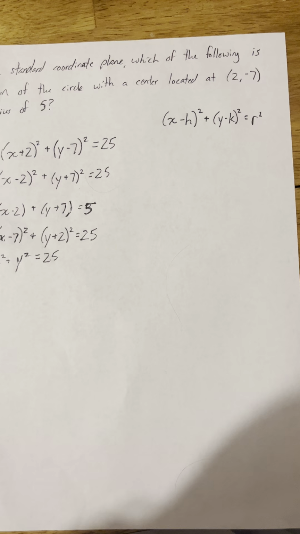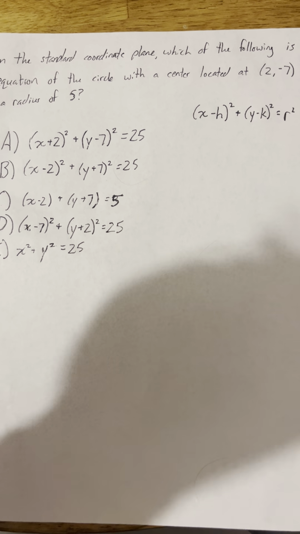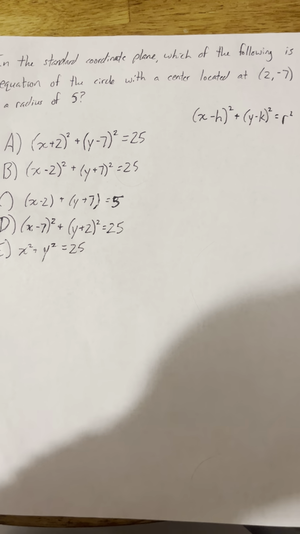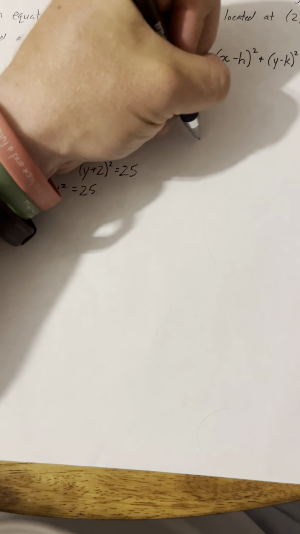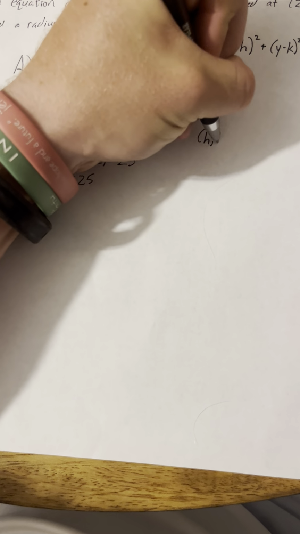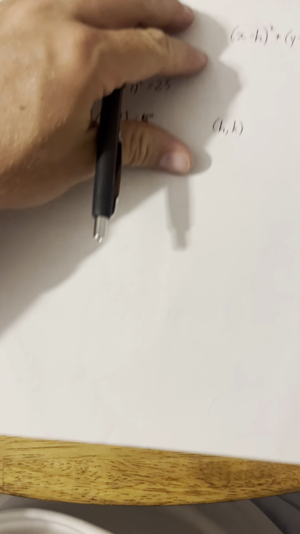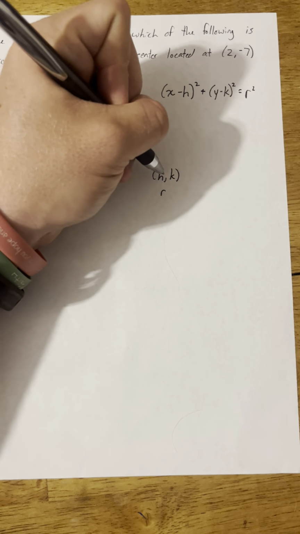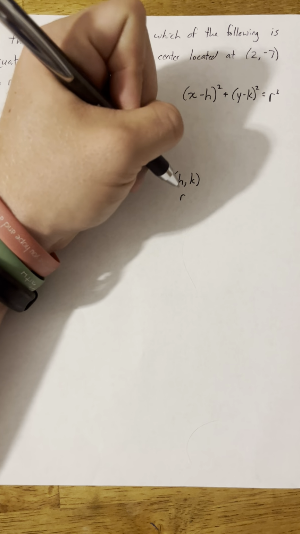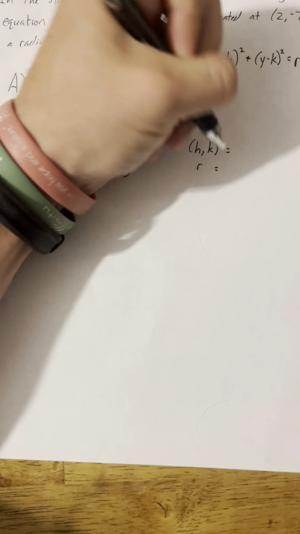Okay, so again, we need to find the important information from the problem. That important information is going to be what (h, k) is and what r is. So again, remember, (h, k) is your center of the circle, r is your radius. So (h, k) is very basic.